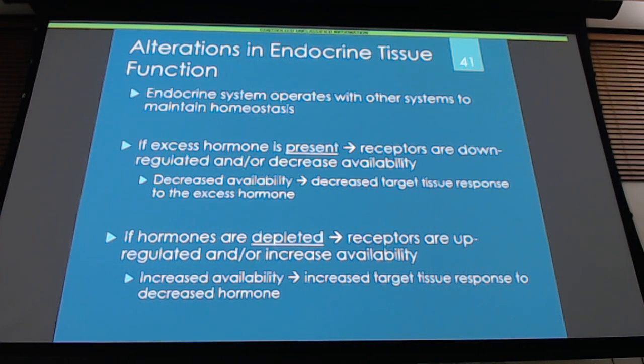They're going to pick up that homeostasis needs to be restored, so they decrease the availability to the target tissue. Does that make sense? So again, receptors play a role. You don't have to memorize this, but the whole body is working together to reach that happy homeostasis.